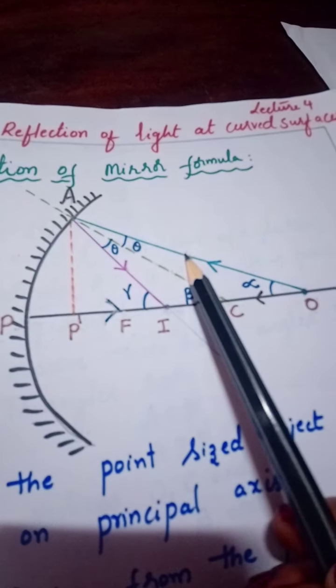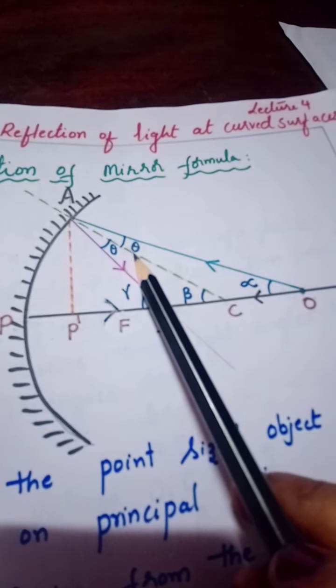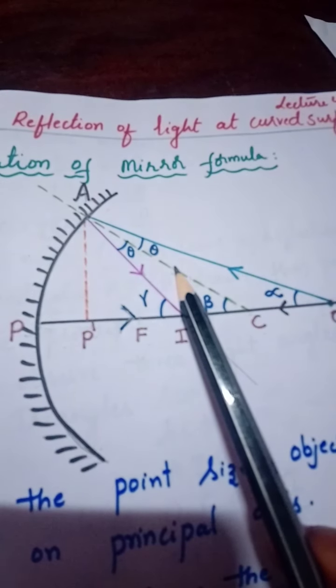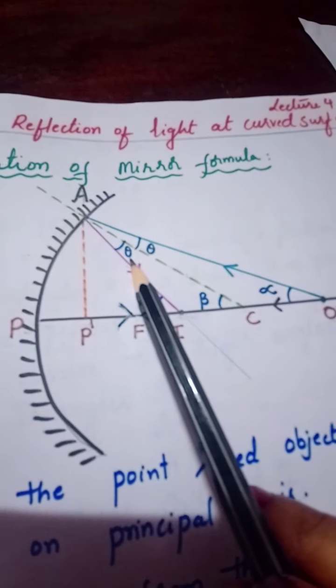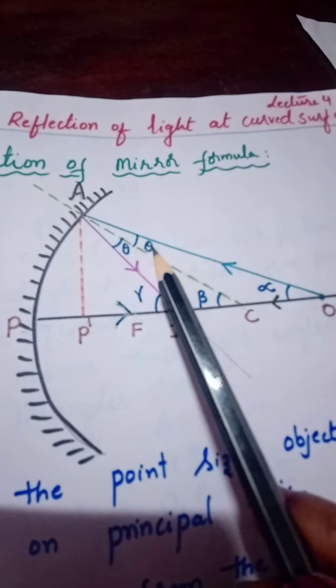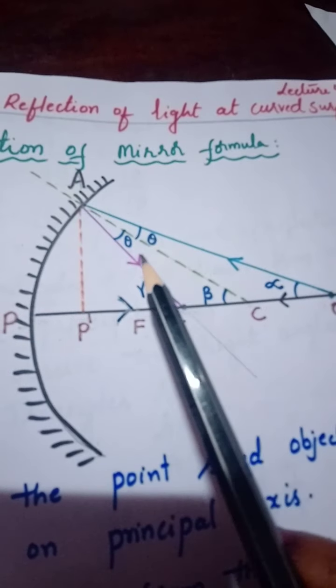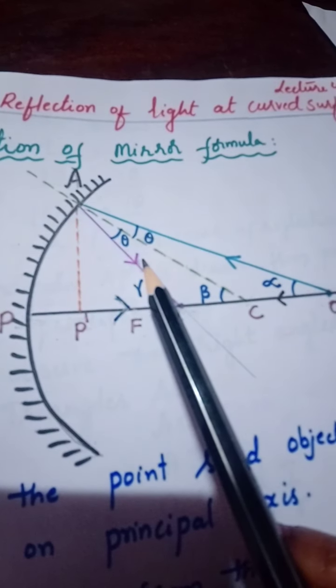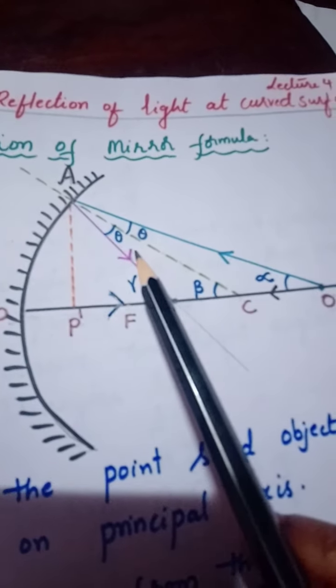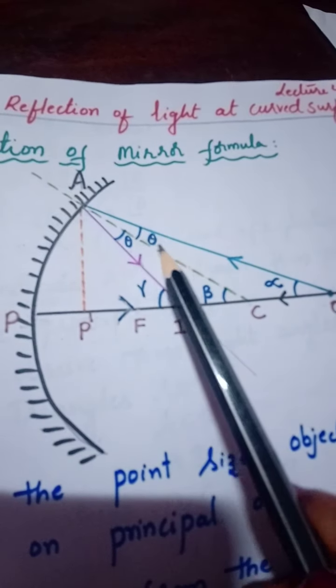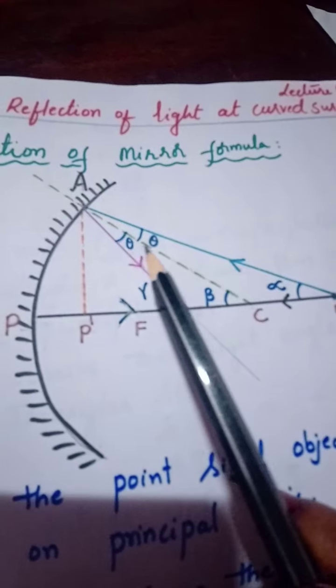The angle between the reflected ray and the normal is called the angle of reflection. For both of the values we gave theta only. Why have we given theta? Because according to the laws of reflection, angle of incidence and angle of reflection are equal. That's why it is indicated by theta only.